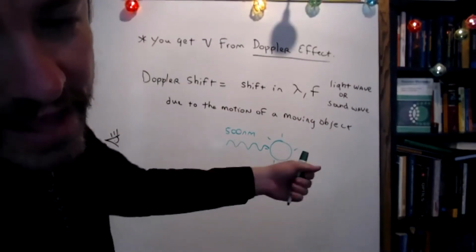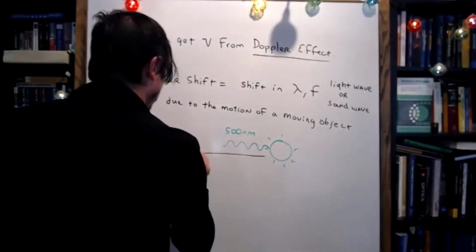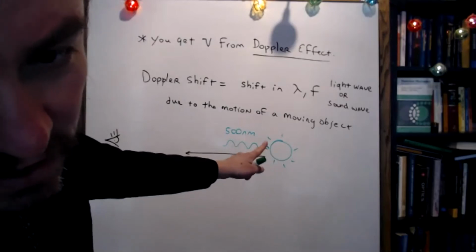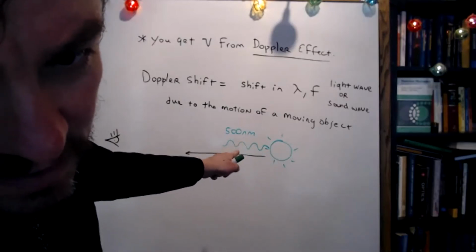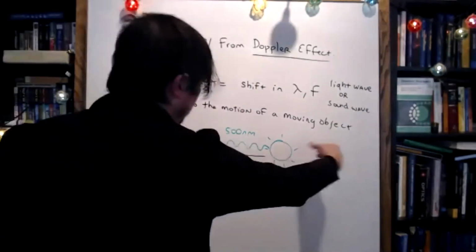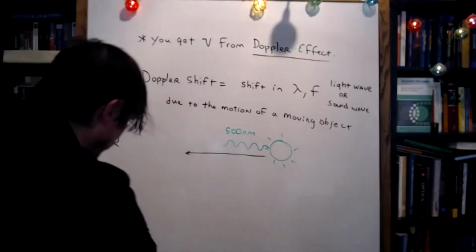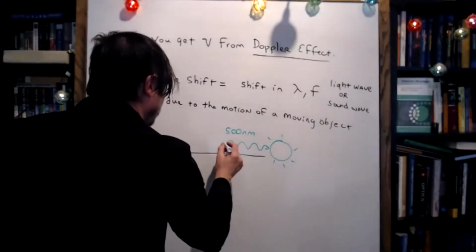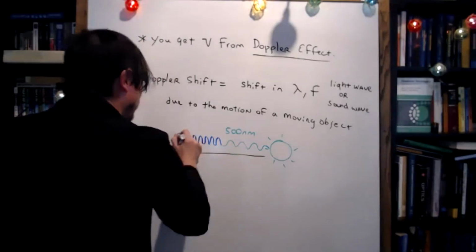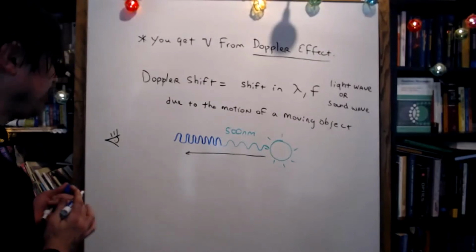If the star has a motion towards the observer, so the motion is along the line of sight, as the star emits successive wavefronts of green light, the star will start to barrel into the wavelengths of green light, and it will smush and compress them. And as it compresses those wavefronts, they will get a shorter wavelength, and they will become so-called blue shifted, okay?